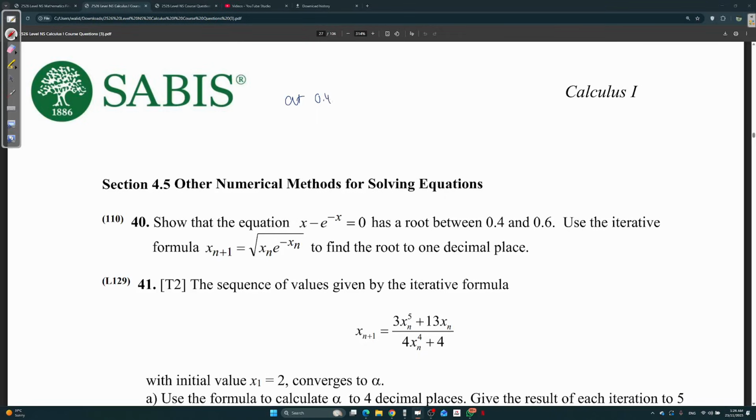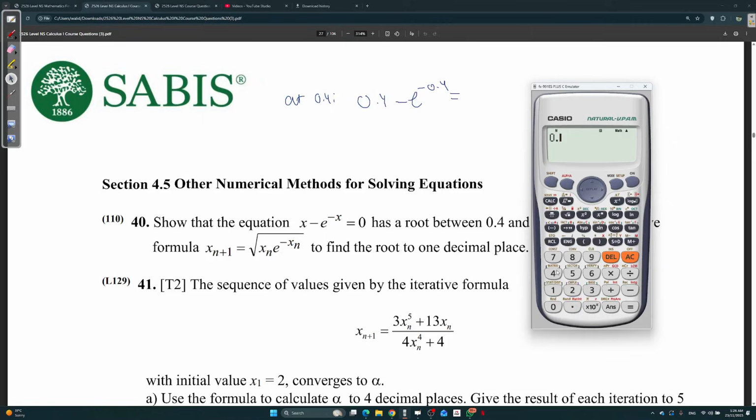So at 0.4, it's 0.4 minus e to the power of negative 0.4, and you get a negative answer, negative 0.27, and then at 0.6, you get a positive answer.